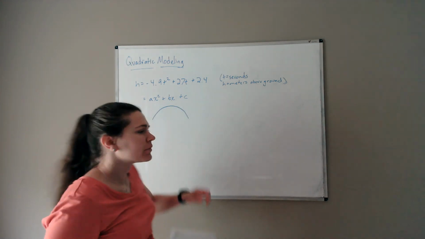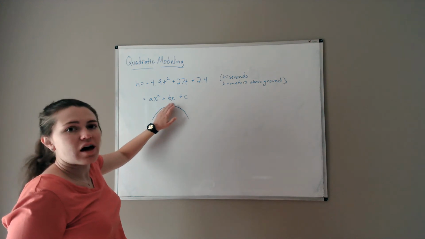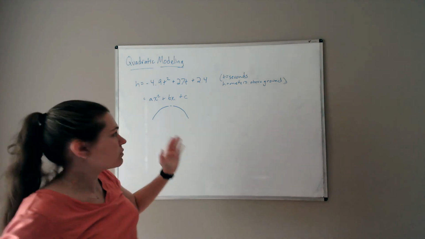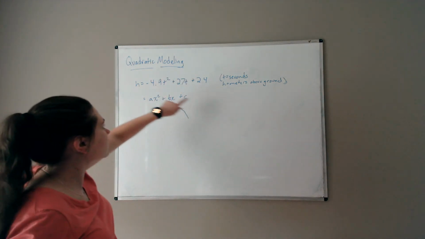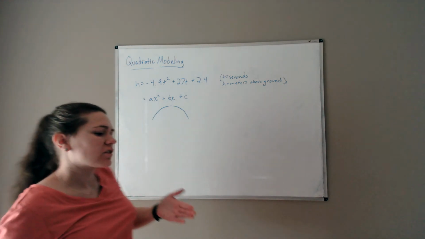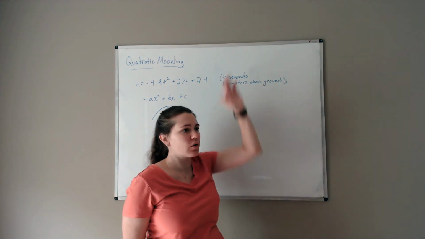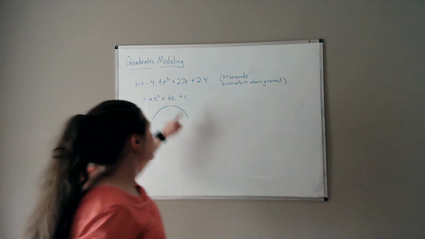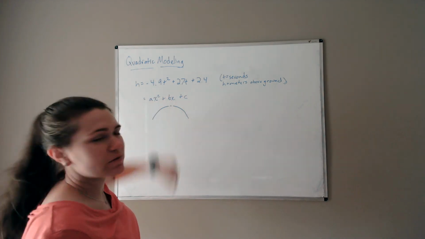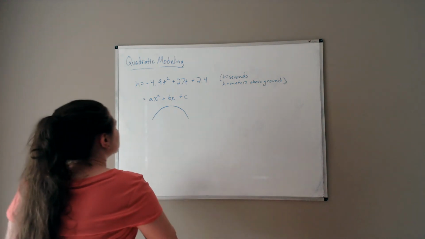Then we move to our linear term, which is initial velocity, whatever the initial velocity of the object being propelled into the air. That's what b is. And a has to do with acceleration, the impact gravity has on your object. It's not going to go up forever, right? It's going to go up and come back down. So when you're talking about vertical motion, this is going to be a negative number.